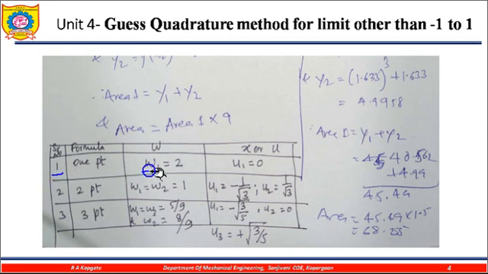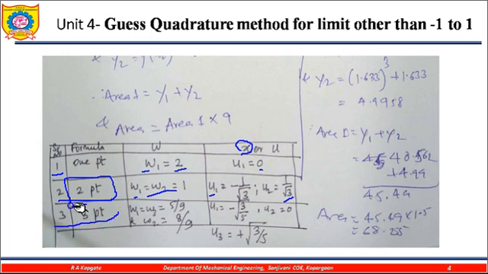If there is a 1 point formula, your w1 is equal to 2 and your x1 or u1 is equal to 0. If there is a formula for a 2 point problem, then w1 and w2 are equal to 1, u1 or x1 is equal to -1 upon root 3, and x2 or u2 is equal to +1 upon root 3.